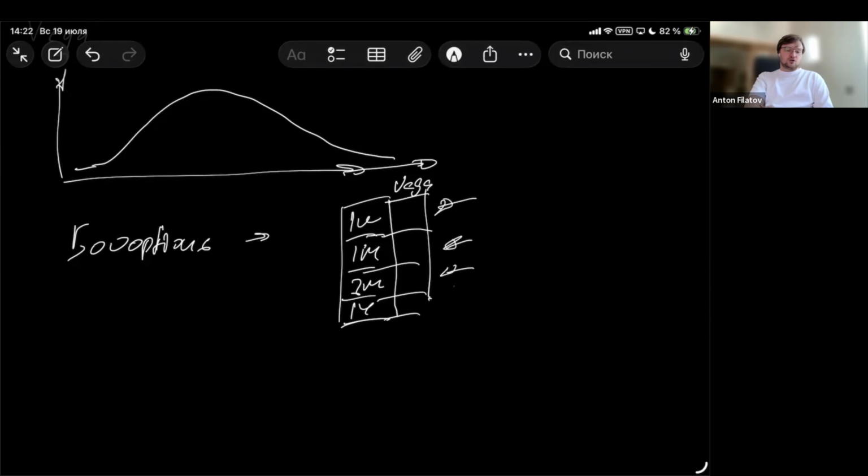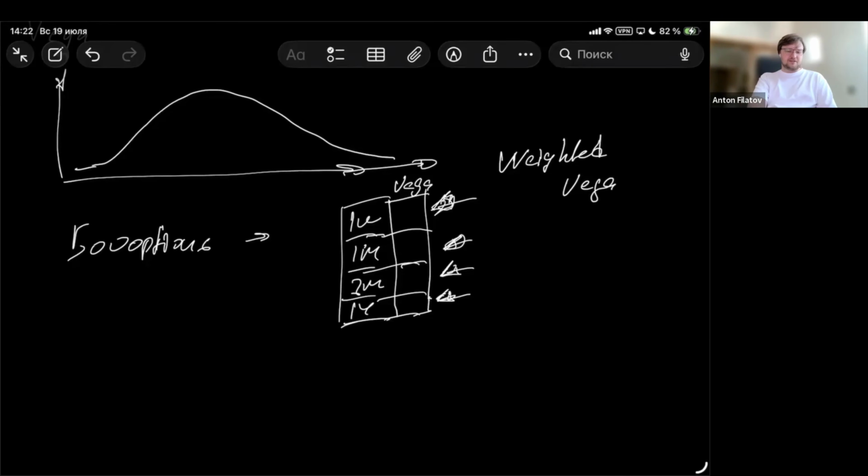If you want to look at one number, and people do like to look at one number, like the GDP of a country, right? You might want to do something called weighted Vega. Basically you take some Vega as 1, as a base.